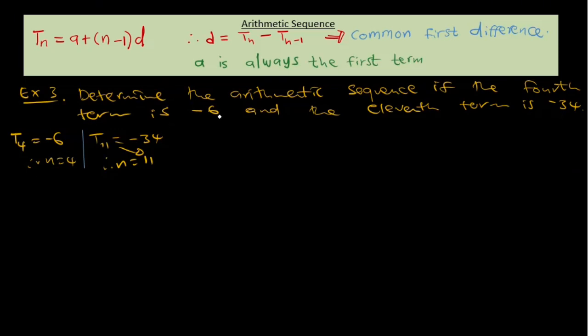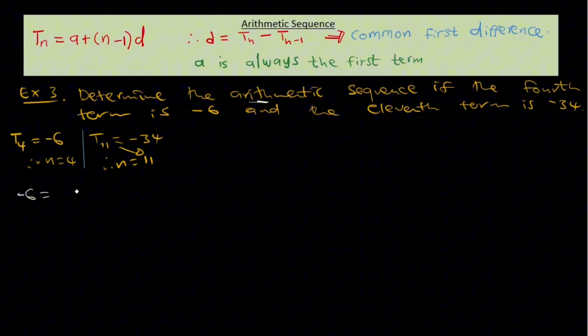Now, we know that this is an arithmetic sequence. All right. So I'm going to use these two to determine two equations, and we will solve them simultaneously. Right. Let's get cracking. So if T4 is equal to minus 6, I'm going to put minus 6 there.